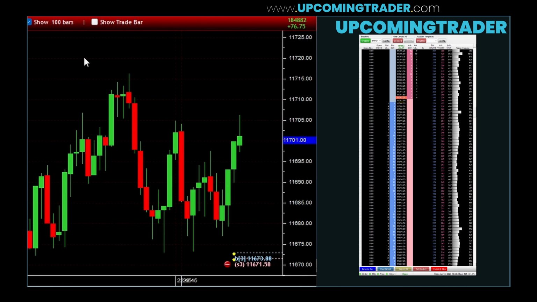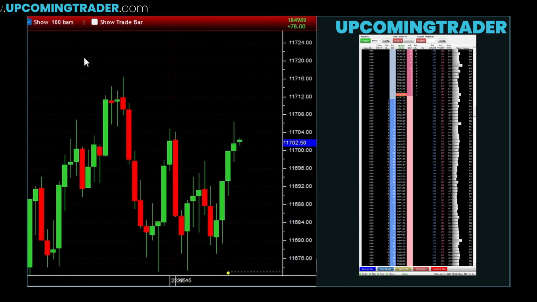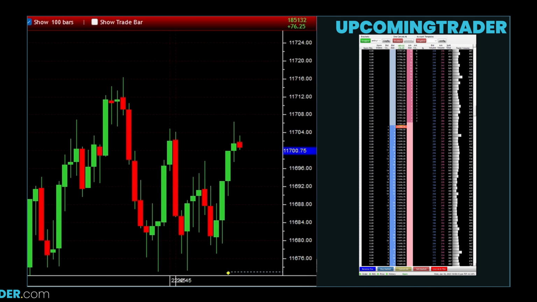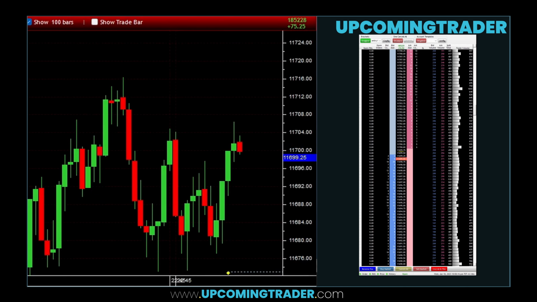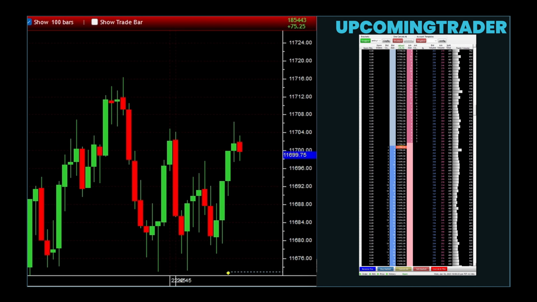In addition to volume indicators, there are chart patterns that work hand in hand with volume analysis to provide even more insight into price action. Let us explore some of these patterns. One of the most recognizable chart patterns is the head and shoulders pattern. This pattern consists of three peaks, with the middle peak being the highest.